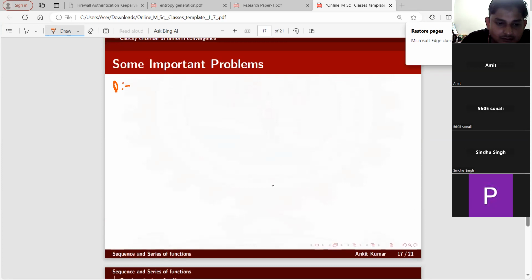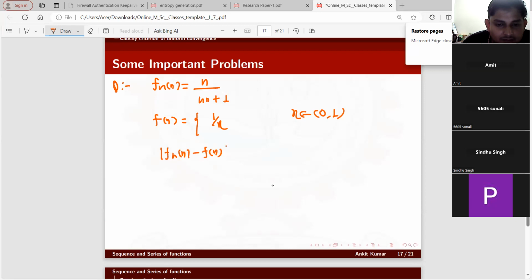The question is that f_n(x) = n/(nx+1), so f(x) is 1/x, x belonging to A. Now, |f_n(x) - f(x)| = |n/(nx+1) - 1/x| = 1/(x(nx+1)).